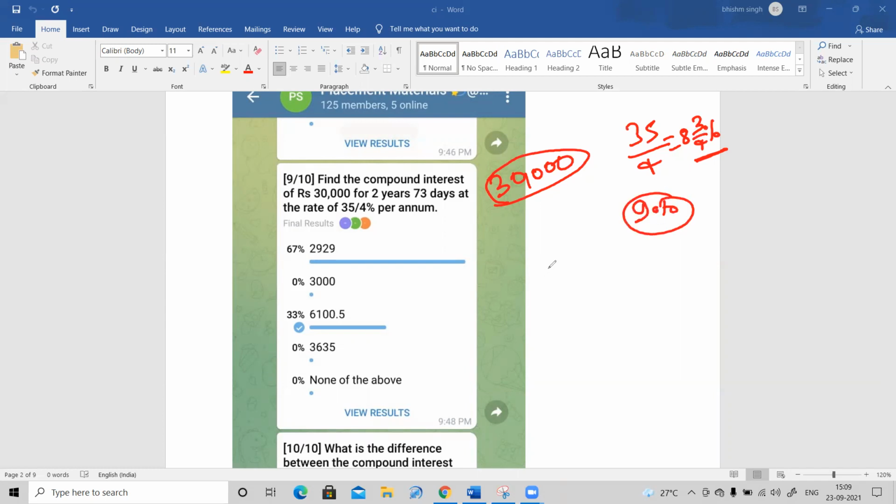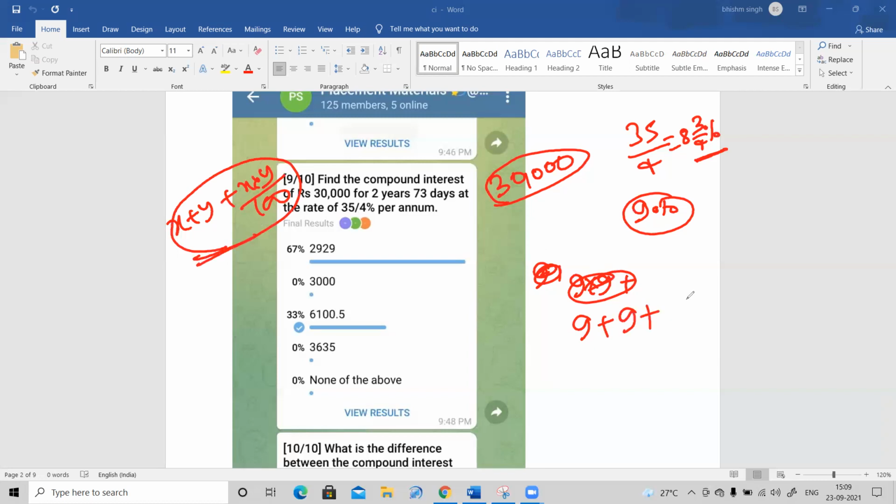First year 9%, second year 9%, using the successive formula: x plus y plus xy divided by 100. This is the formula for successive compound interest. So 9 plus 9 plus 9 into 9 divided by 100. So 18 plus 81 divided by 100, so this is 18 plus 0.81, which is 18.81.